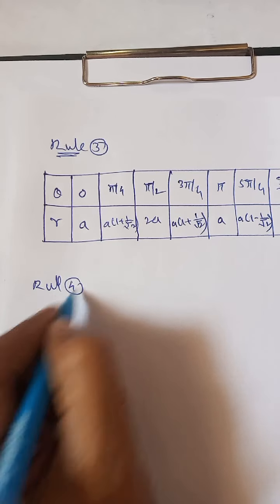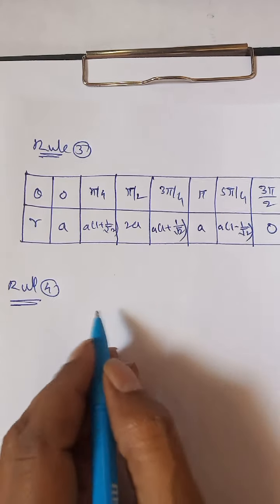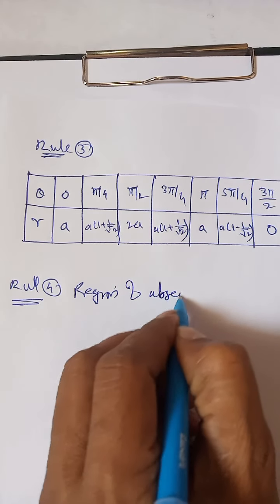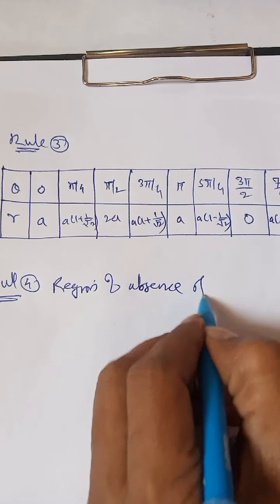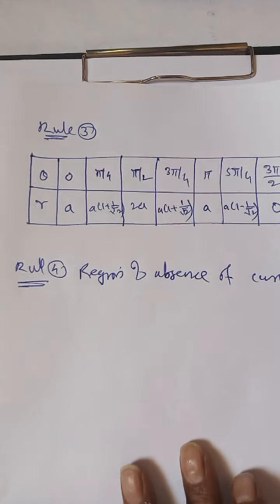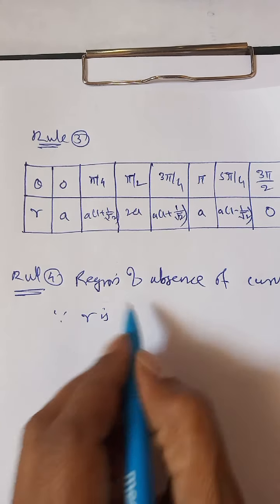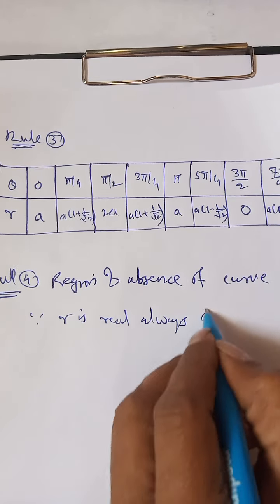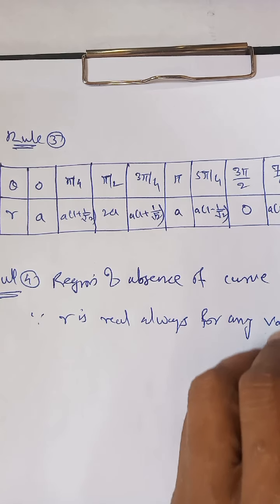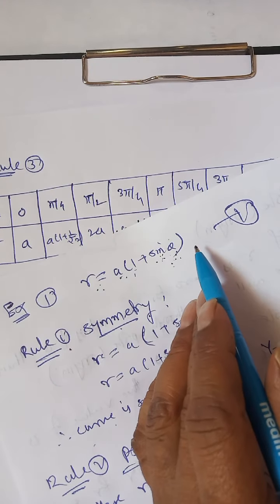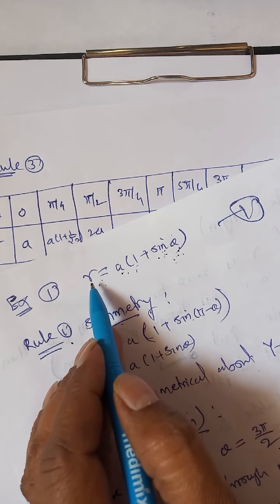we'll trace the curve. Before that, we'll check the region of absence of the curve. Here, since r is real always for any value of theta, since the equation is r equals a into (1 plus sine theta), for any value of theta this r will be real.